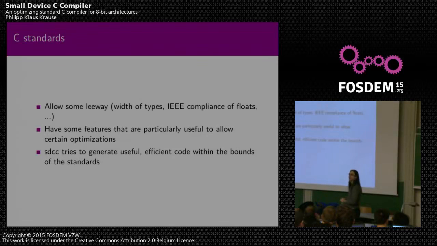Floats don't have to be IEEE compliant. They have some features that are particularly useful for optimizations. I'll go on about that a little bit in the following standard slides, things that we can use. So SDCC tries to generate useful code, efficient code, and try to be standard compliant. Sometimes those three goals conflict a bit, but I think we always found a reasonable compromise between them.